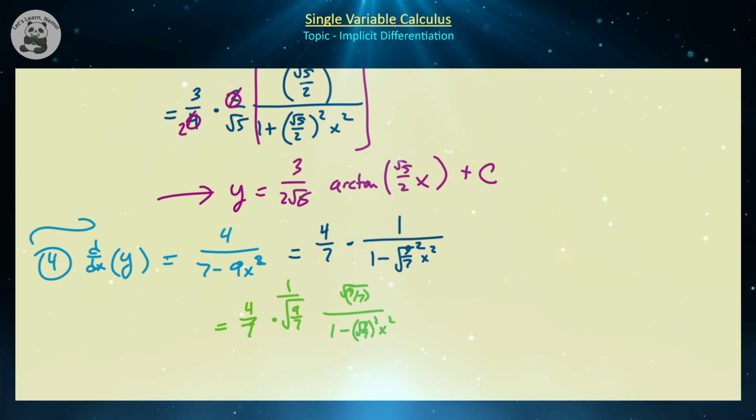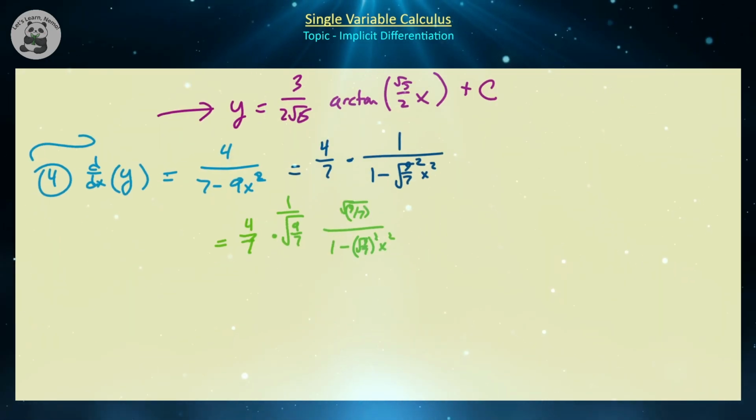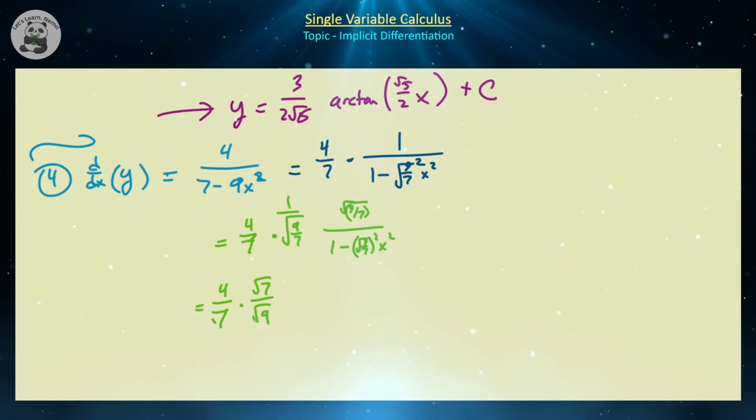Now this front constant is actually quite ugly, so I need to play around with that before I move forward, because that's the same as 4 over 7 times the square root of 7 all over the square root of 9. You could probably leave this as is. It really depends on your preferences. Oh no, because the square root of 9 is equal to 3, so that's actually pretty nice.